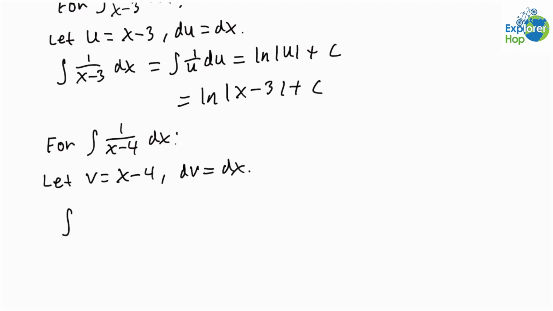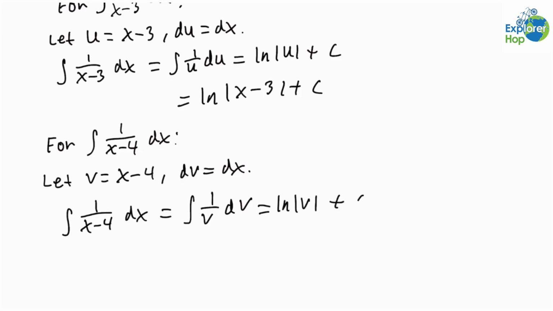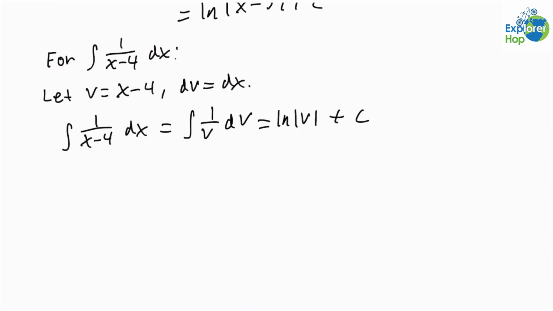So the integral of 1 over x minus 4 dx is equal to the integral of 1 over v dv, which is equal to ln of the absolute value of v plus some constant C. And if we sub back in v equals x minus 4, this is equal to ln of the absolute value of x minus 4 plus some constant C.